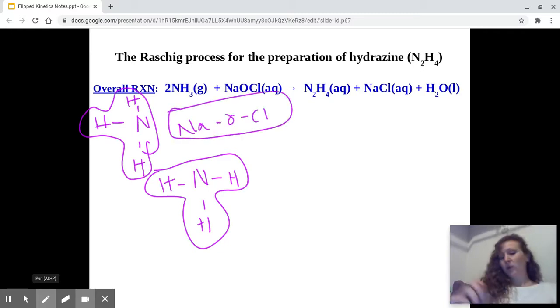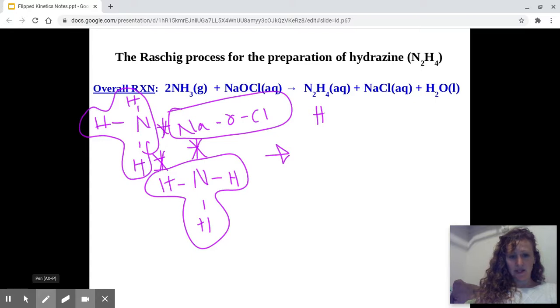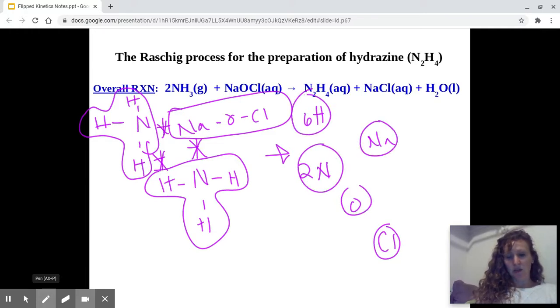Okay, so what I just said is that all three of them are going to collide at the same time. Then they're all going to be broken up into their components, right? We're going to have a whole bunch of H's floating around, 6 to be exact. We're going to have a whole bunch of nitrogens floating around. We'll have some sodium, we'll have an oxygen, and we'll have a chlorine. So all of these things separately are going to be floating around, and then they reform into the products.